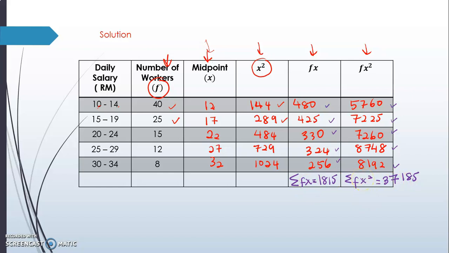Next step, you need also the value of n. N refers to the number of observations, and is total f, the sum of all frequencies. So you just add all of these values, 40 plus 25 plus 15 plus 12 plus 8. So total f is 100. This is your n value.